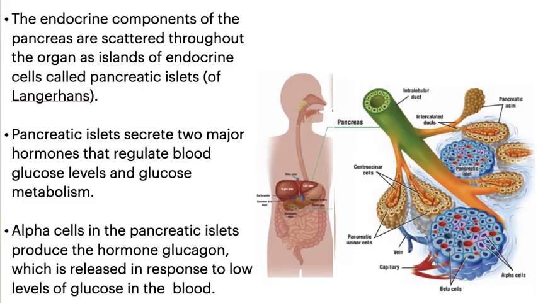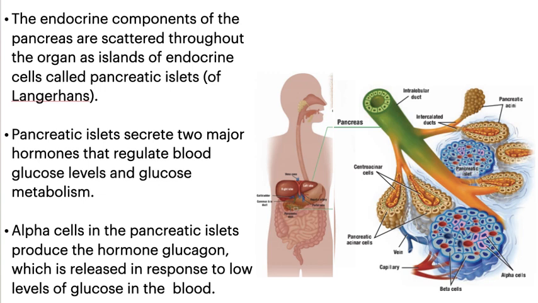Now, the endocrine component of the pancreas is scattered throughout the organ as islands of endocrine cells called pancreatic islets. They secrete two major hormones that regulate the blood glucose level and glucose metabolism.